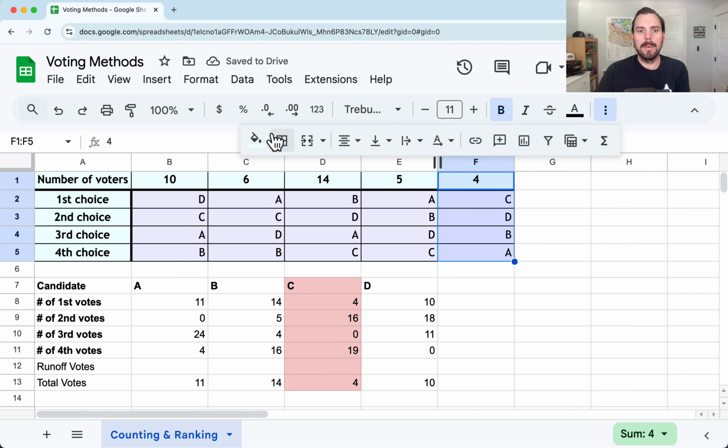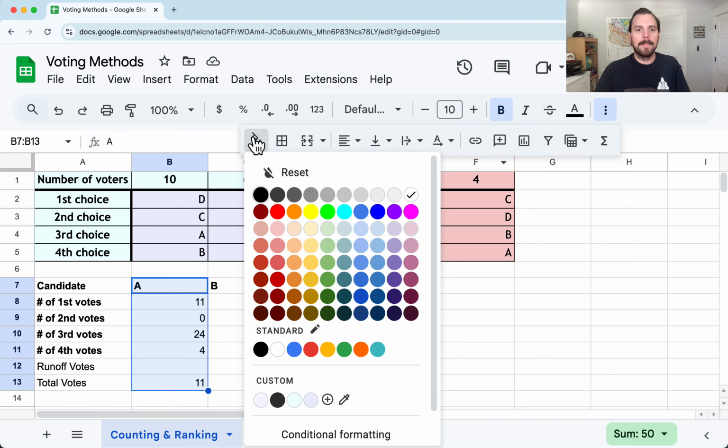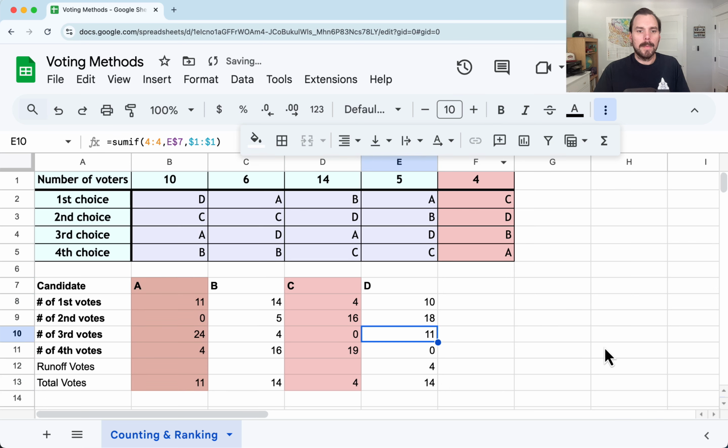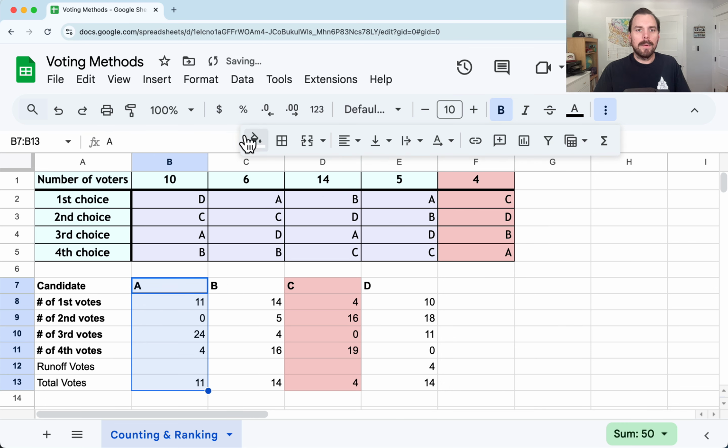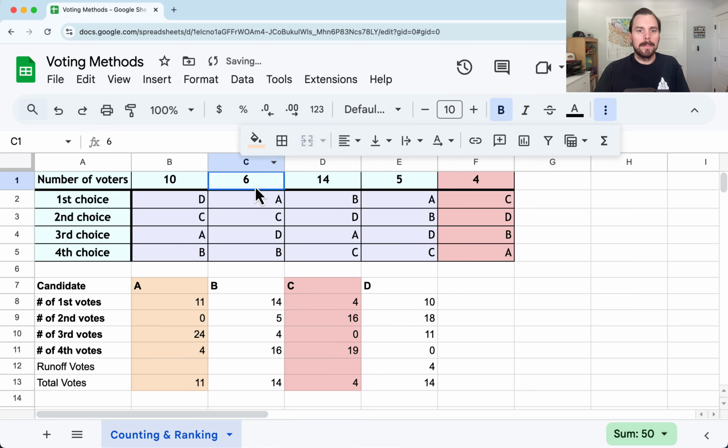These 4 people, instead of giving their 4 votes to C, will now give their 4 votes to D. And we see that now it creates a tie between D and B. So we need a second round where we eliminate A. And A has 2 occurrences. Let me make that a different color. We'll go orange for A.